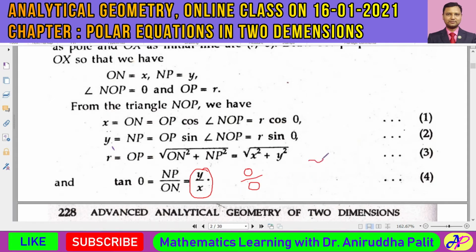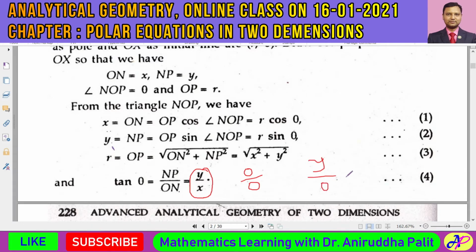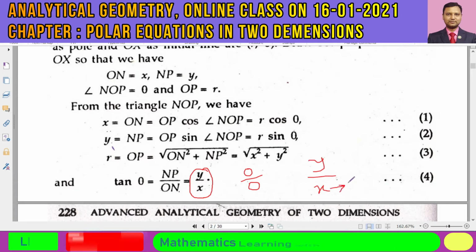Although y by 0 is also not defined at all, this y by 0 can be considered in this way: y divided by x, where x is tending to 0.